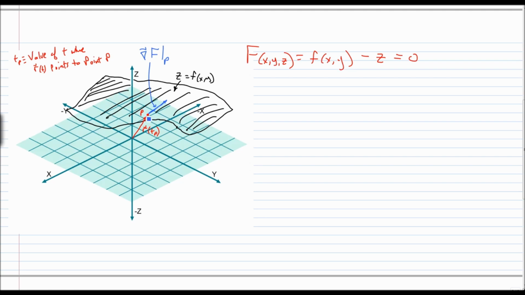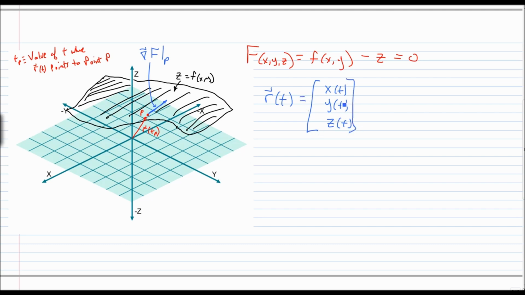The way that I do that is I say, okay, the point P is some point on this surface, and there's a position vector pointing from the origin to point P. So I'm saying that r of t equals x, where x is a function of t, y, where y is a function of t, and z, where z is a function of t.